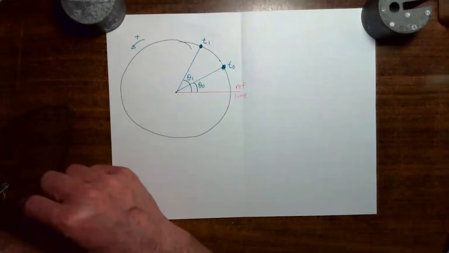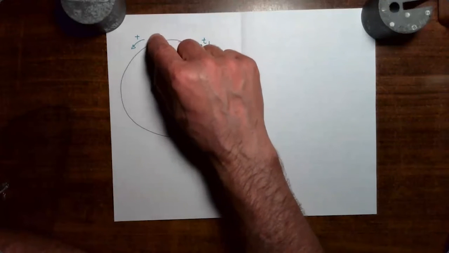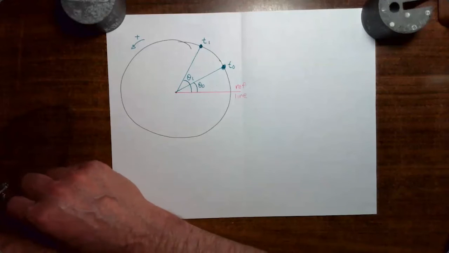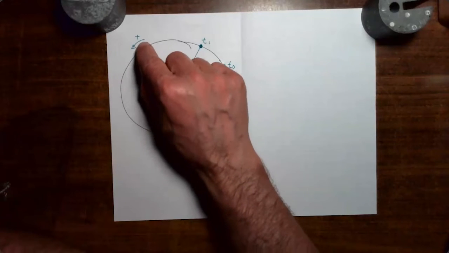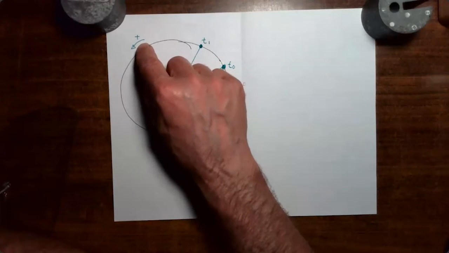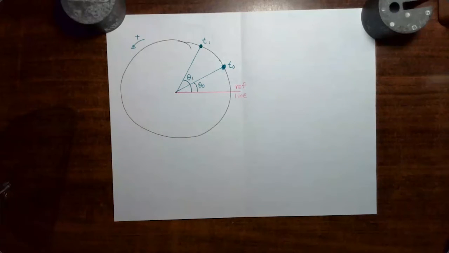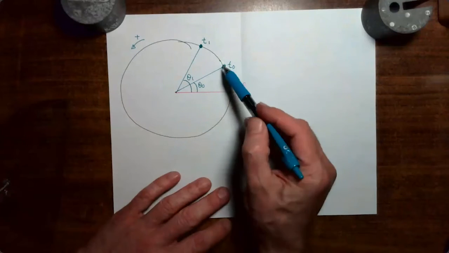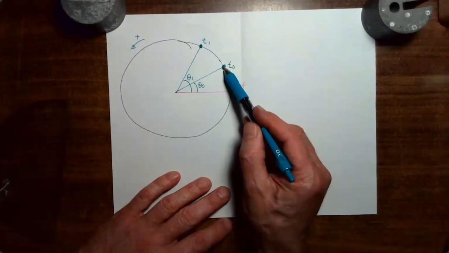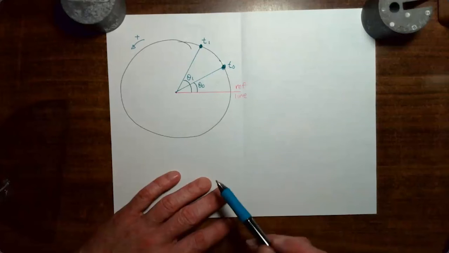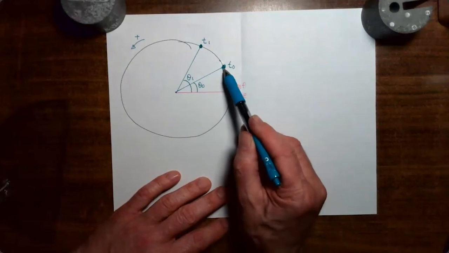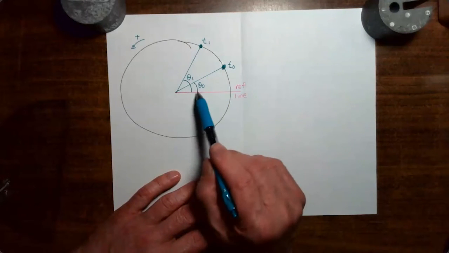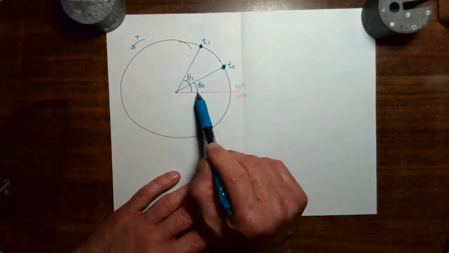In some instances, we could decide to take clockwise to be our positive direction for rotation, but most often we take counterclockwise as the positive direction. So anyway, I have an object moving on a circle indicated by this blue-green dot. At time t0, the dot is at angular position theta 0.